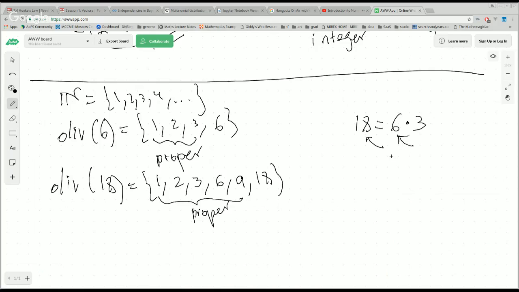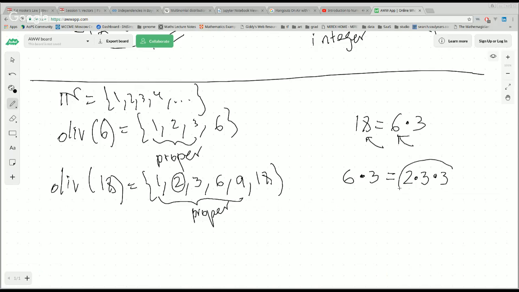So let's take a look. For example, 18 is 6 times 3. Now, let's take a look at this divisor of 18, 2, for example. We know that 2 is a divisor of 6, right? Because 2 times 3 is 6. So I can write 6 as 2 times 3, and I have this extra 3 here.